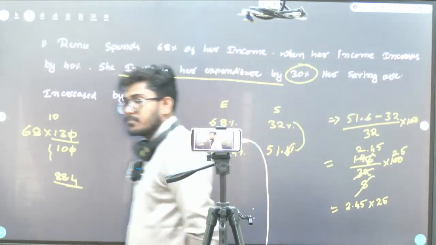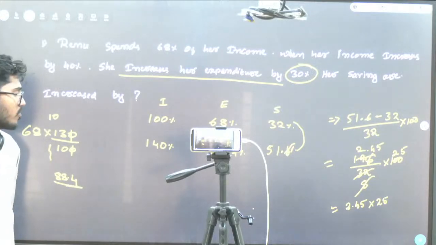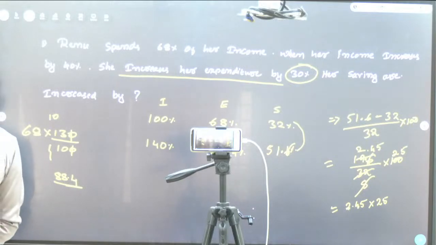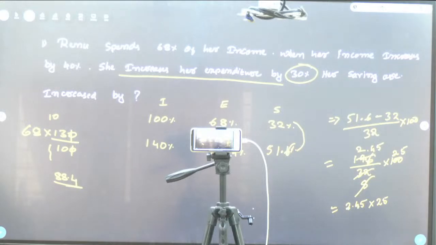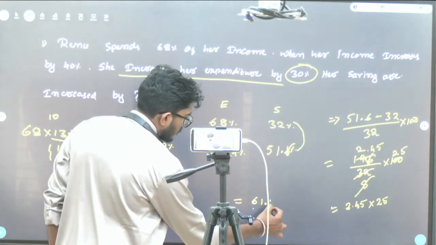Check. 25 into 2.45. Nearly 60% is your answer. Nearly, approximate. Multiplying, you get 61.25%. Answer is 61.25%.